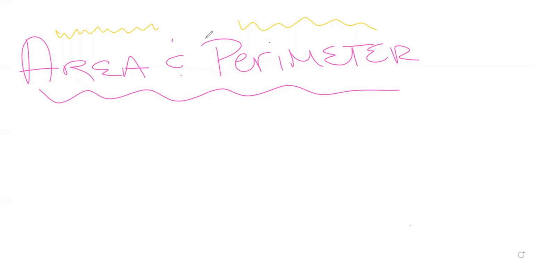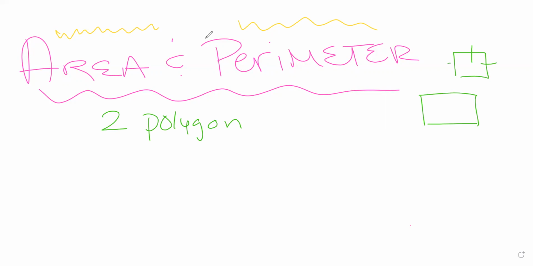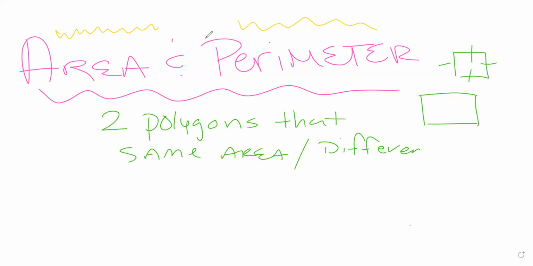One classic example is when they say, create two polygons, or quadrilaterals really, because we've been focusing just on squares and rectangles, that have the same area but a different perimeter.